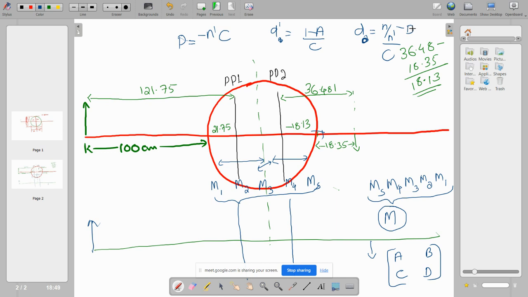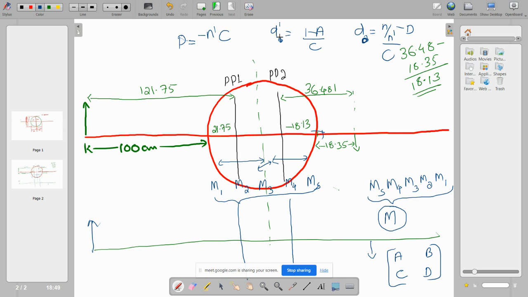Now all these values have some values. If I am considering the outside of this system, n prime will be 1. So it will give P is equal to minus c, and that c is the matrix element of this particular sphere, which comes after solving and combining m1, m2, m3, m4, m5.